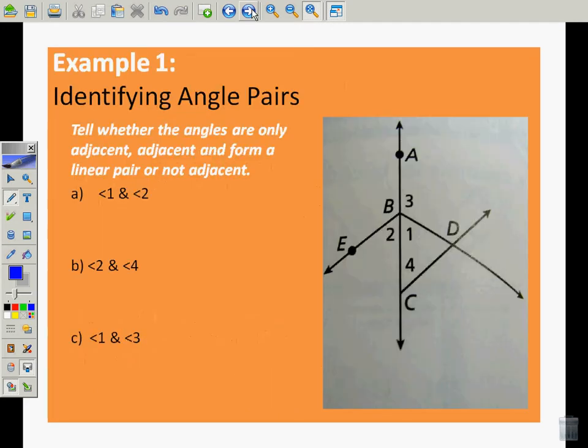Now, identifying angle pairs. Tell whether the angles are only adjacent, and form a linear pair, or not adjacent. Okay? So the first one, we're going to be doing angles 1 and 2. Well, let's look at 1 and 2. 1 and 2 sort of look like this, here and here. If I were to draw that flipped around kind of, wouldn't it kind of look like this?